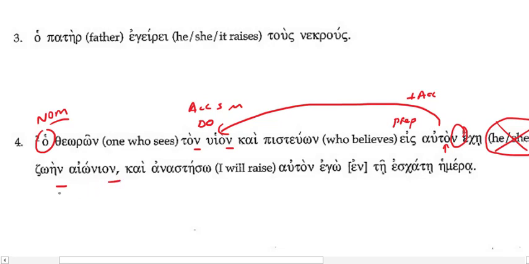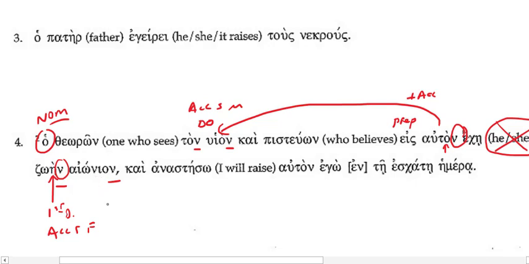Sure does. Tell me about zoen. What stem vowel is that? That's an eta. So what declension pattern does that follow? First declension. And in the first declension, do we have nu for a case ending? Yeah, that's accusative singular feminine, right? Now look at aionion. Is that a noun or an adjective?